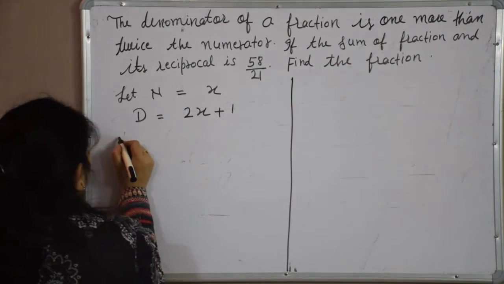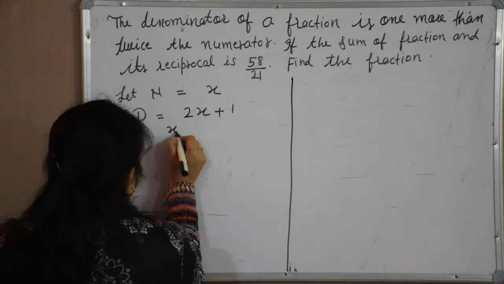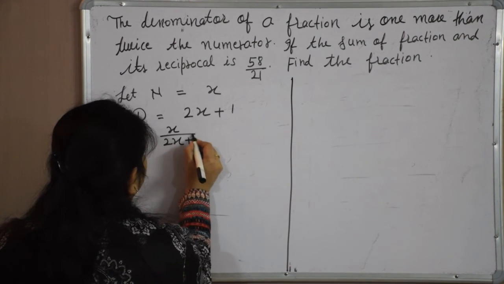So our fraction becomes x by 2x plus 1, numerator by denominator.